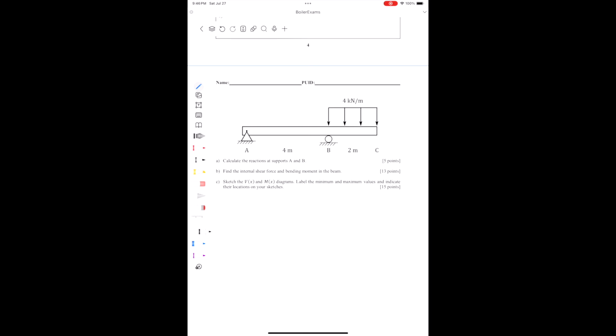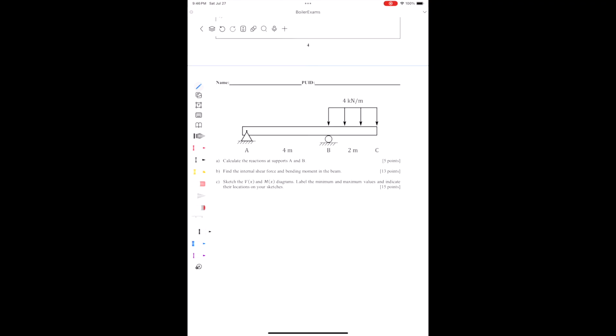And then part C is asking us to sketch the V of X and M of X diagrams. That would be the shear and moment diagrams. And they want us to label the minimum and maximum values and indicate their locations on the sketches.